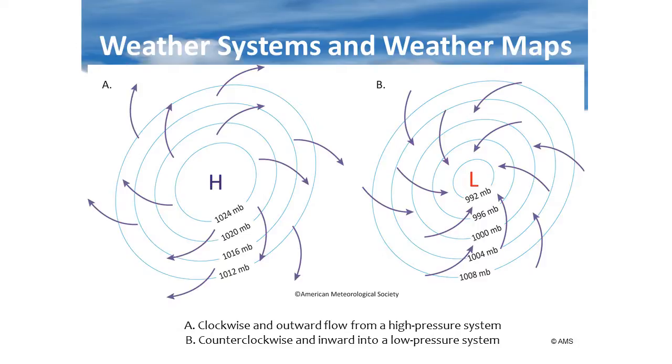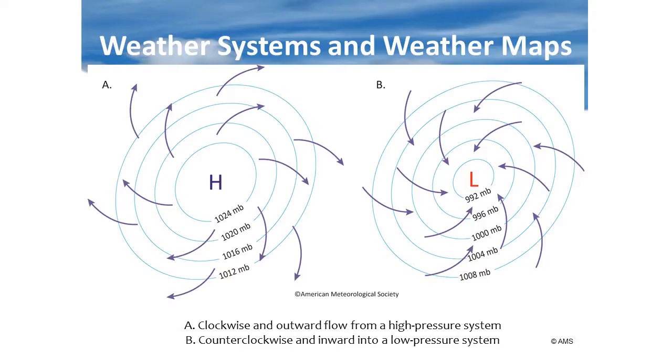But this particular schematic here just shows you how the air will flow across those pressure lines toward the center of low, and across the pressure lines away from the center of the high as the air is sinking. So the air sinks and it has to go somewhere, so it moves away from the high.